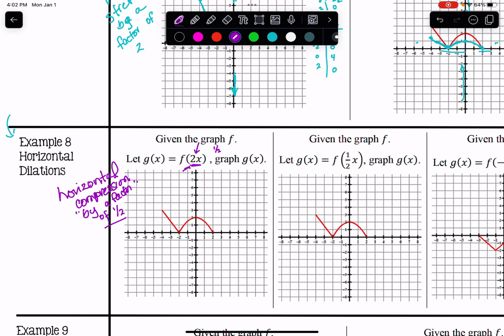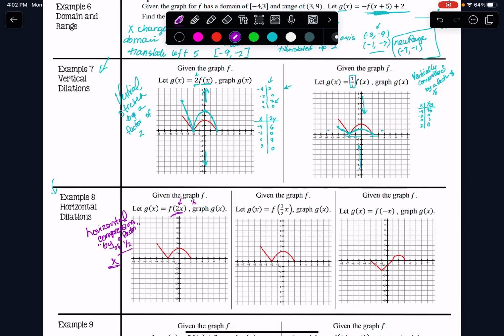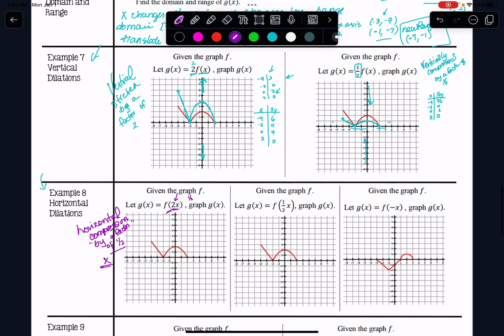All right, so if I start out with my exact same points, a horizontal is going to affect x. It changes x. So my original points were -4, 3, -2, 0, 0, 2, and 2, 0.